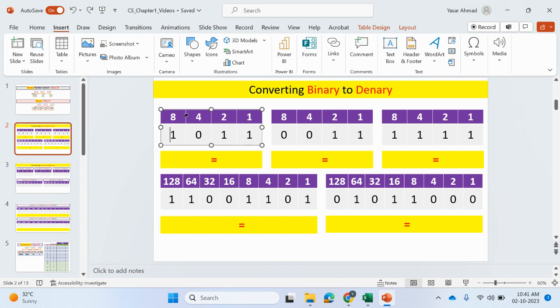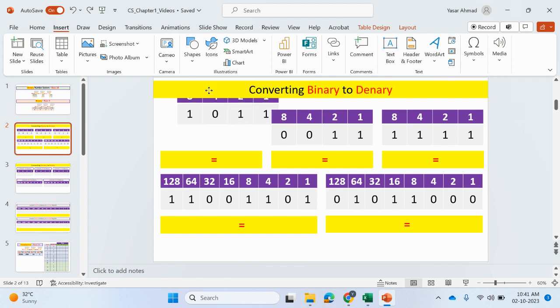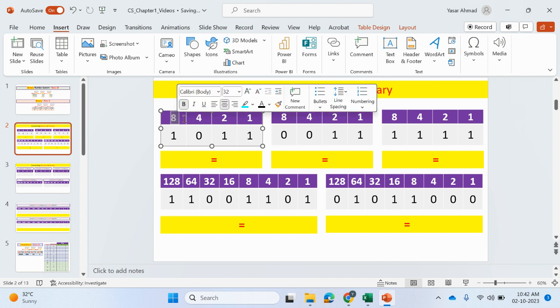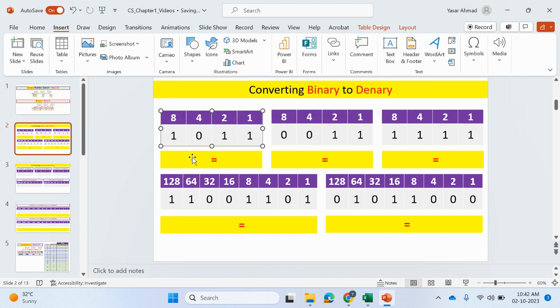The technique is, for example, if this was your exam paper, you might only see this 1, 0, 1, 1. What I would do above the binary is write the values: 8, 4, 2, 1.